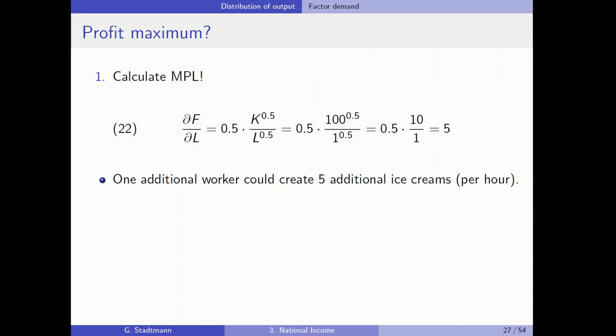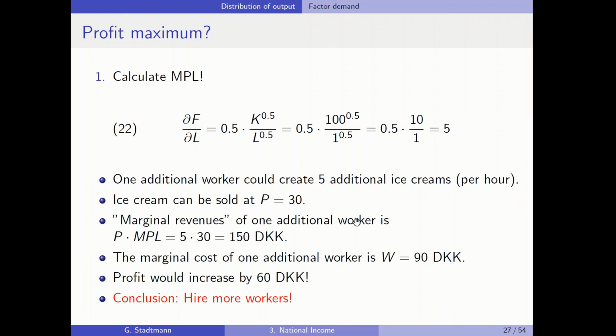The ice cream could be sold at the price of 30. Therefore, the marginal revenue of one additional worker is equal to P times the marginal productivity of labor, so 30 times 5, and this is equal to 150 Danish krona. The marginal cost of one additional worker is only 90 Danish krona.